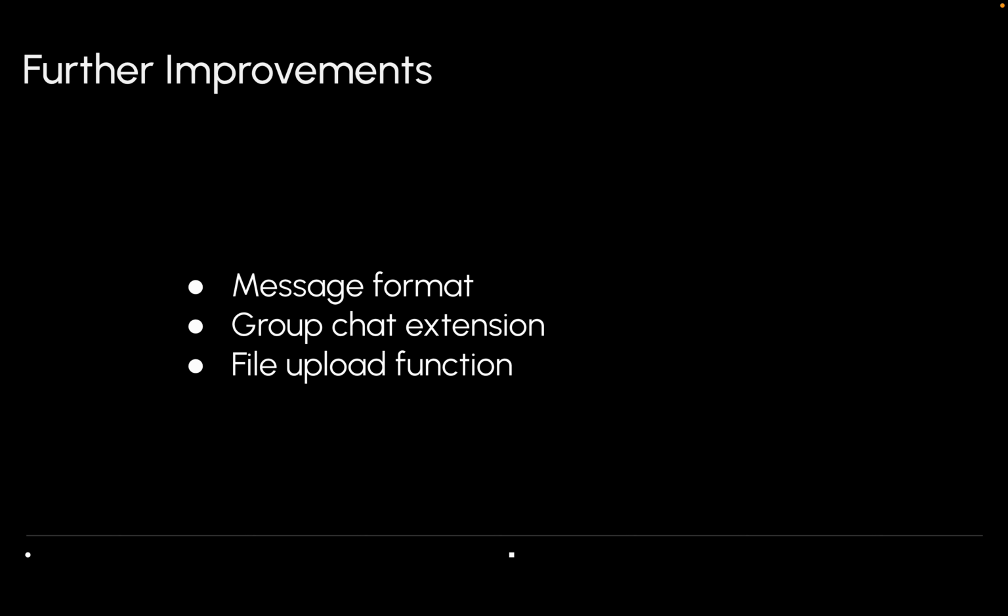For example, the message format now is not very user-friendly, and it can cause errors for the users, so we want to improve it later. And to make it work between multiple devices, we have also planned to work on a group chat extension. And in order to make the chat more diverse, a file upload function is also necessary.